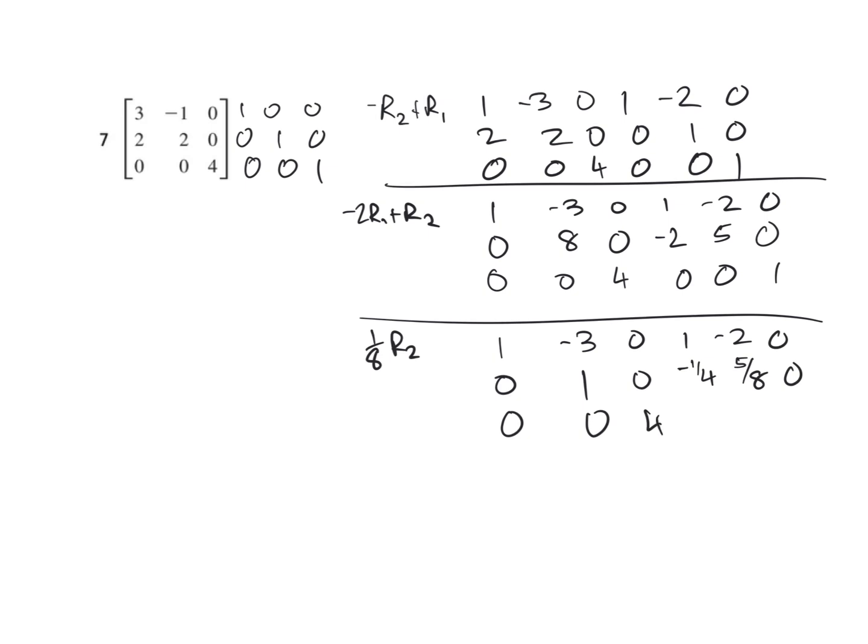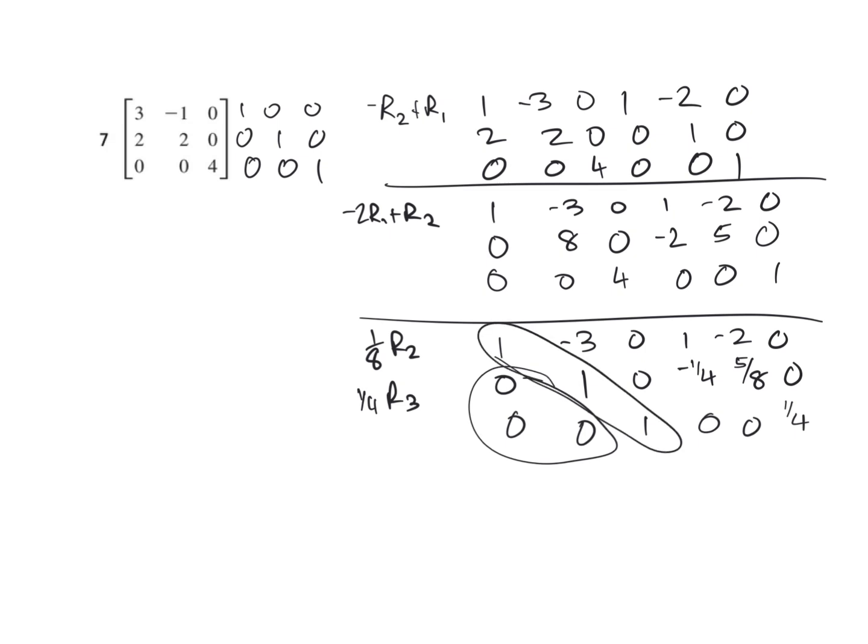Let's go ahead and do two things at once here. Let's do row 3 with this. Let's do 1/4 of row 3. We get 0, 0, 1, 0, 0, 1/4. All right, so we have these 3 zeros. We have our diagonals as 1s, and we have these 2 zeros. Now we got to get the negative 3 to be a 0.